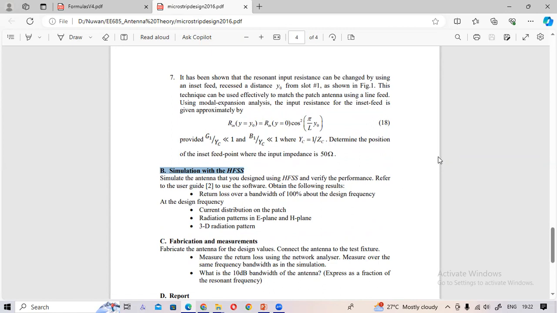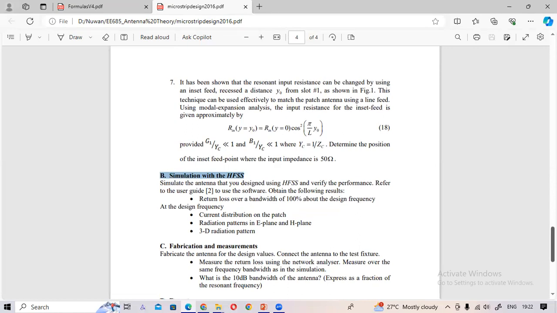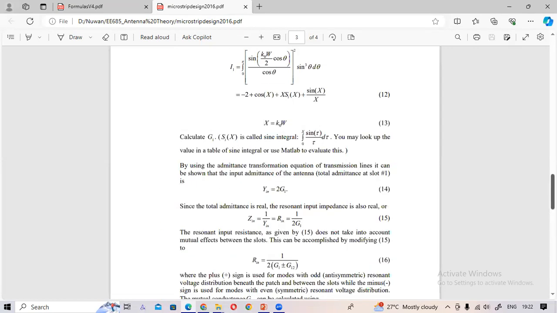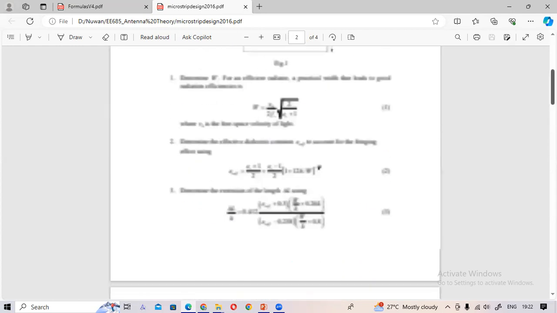Maybe now we have only 4 weeks, I hope. Within that 4 weeks, I am not expecting this simulation. After the exam, you can submit the HFSS simulation. Then you will have some time to work on this HFSS. You can submit it later, but this design you have to do and submit.